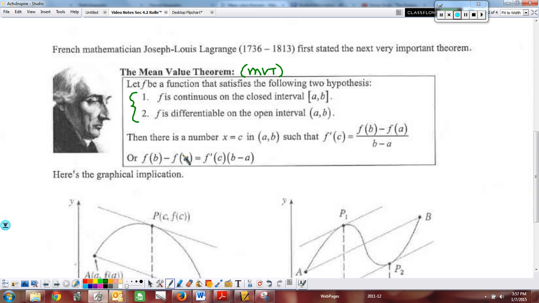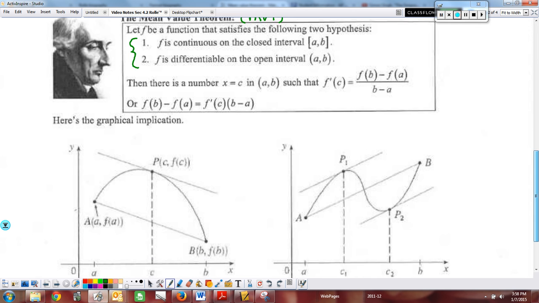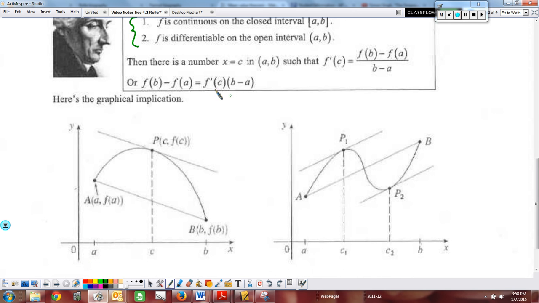Now, once we get these two things, what we do know, I'm going to talk about this 2 different ways, is that it says there exists, so it's an existence theorem, just like we've been looking at with all of these important theorems in calculus, that there exists an x value in the open interval so that its instantaneous rate of change is the same as its average rate of change.